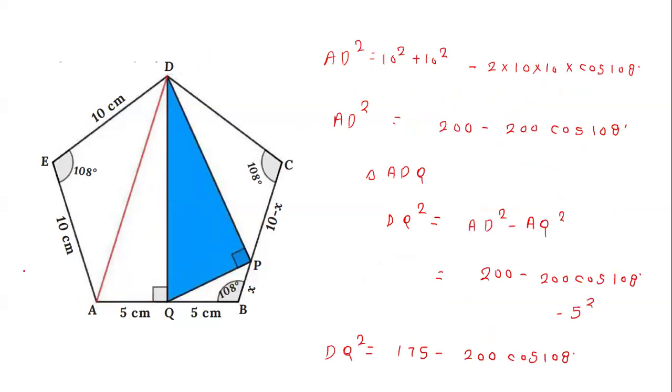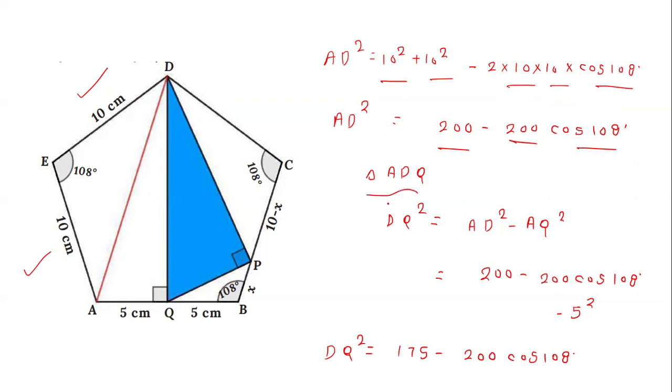We know AE is 10 centimeter and ED is 10 centimeter because they are sides of the regular pentagon. So we put 10 square plus 10 square minus 2 times 10 times 10 times cos of the angle between them. So it is 200 minus 200 times cos of 108.